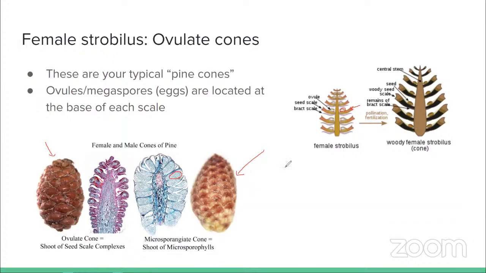Okay. So when the ovulate cone, the female cone, gets fertilized, we're going to see that the seed is developing there where the ovule was on the unfertilized female cone. So we're going to form the seeds inside these scales here. So theoretically, you could shake a fertilized pine cone and shake those nuts out. If you've ever had pine nuts, that's where they're coming from. They're coming from inside the cone.